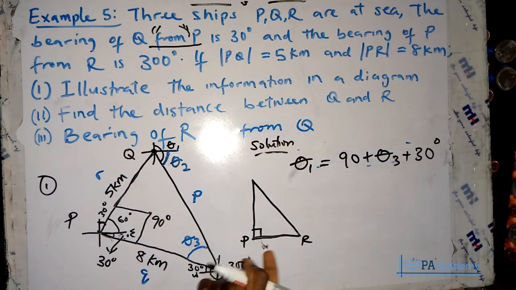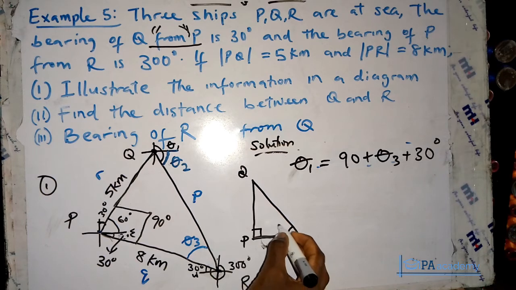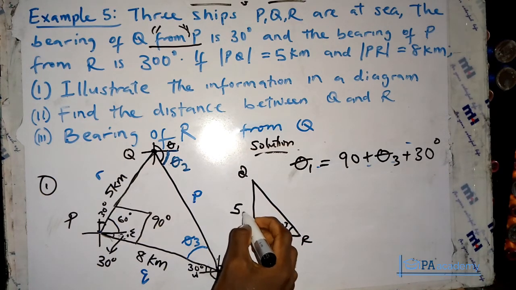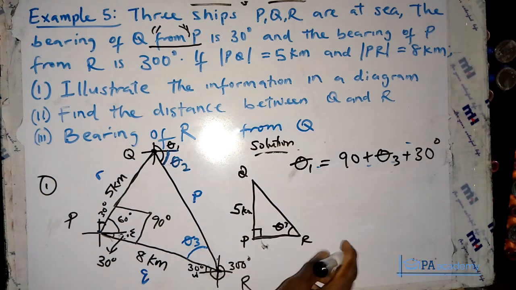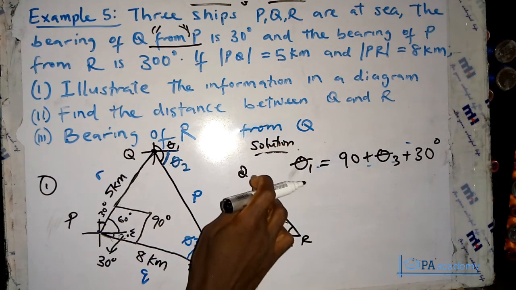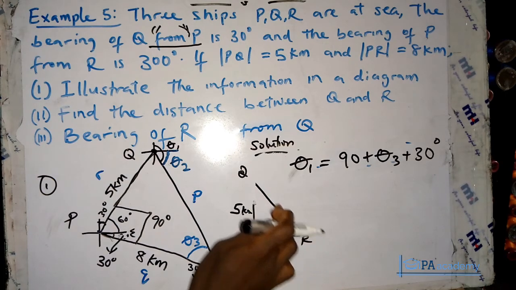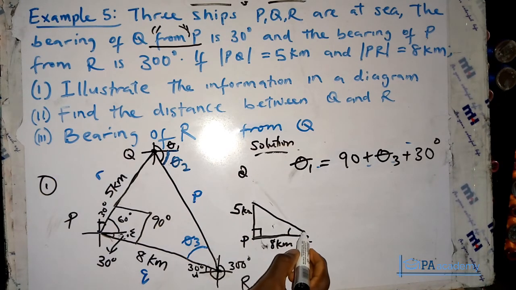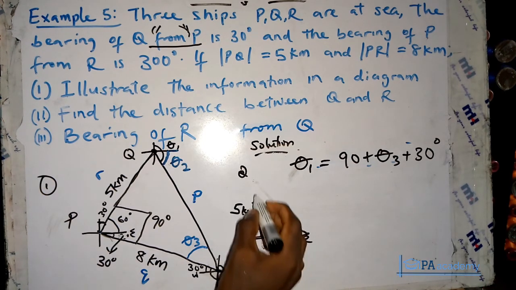This is our Q, and this is theta 3, with our 5 kilometer and our 8 kilometer. You might be wondering why the 8 kilometer looks short and this one looks long. It's not drawn to scale, but let me just adjust it. So this is 5, this is 8, this is theta 3, and this is point Q.